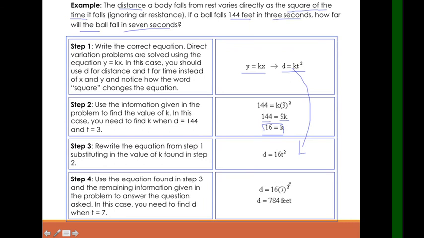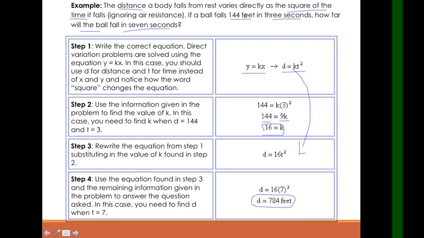So, 7 squared is 49 because 7 times 7 is 49, and 49 times 16 is equal to, let me check, 784. Okay. So the answer is 784 feet for the distance, the distance of the ball that will fall in 7 seconds.